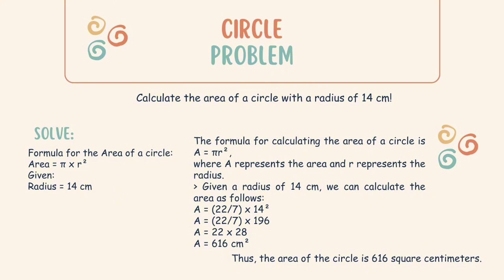For example, a circle problem. The question is: calculate the area of a circle with a radius of 14 centimeters. To solve this problem, we can use the formula for the area of a circle. The formula is pi times radius squared.